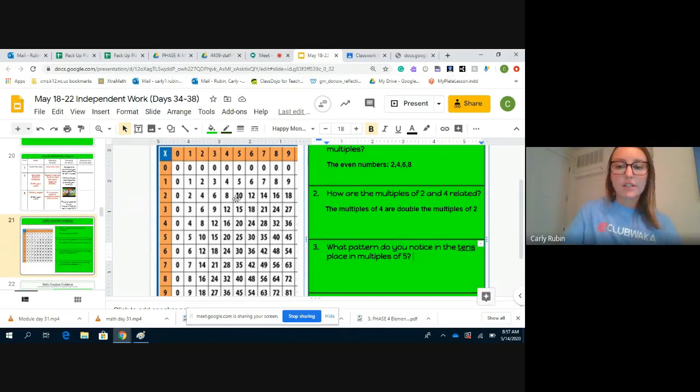So I'm just going to focus on the tens place. So I see a 1, a 1. Then I see a 2 and a 2, a 3 and a 3, and a 4 and a 4. So it seems like it's counting up. Every 2 multiples, the number in the tens place increases by 1. So we started with 1, that happened 2 times, then 2, then 3, then 4.